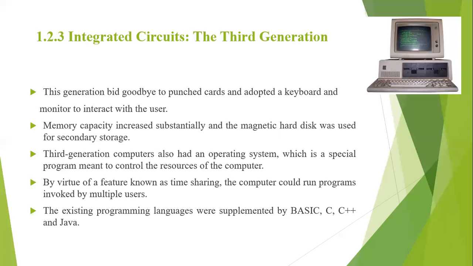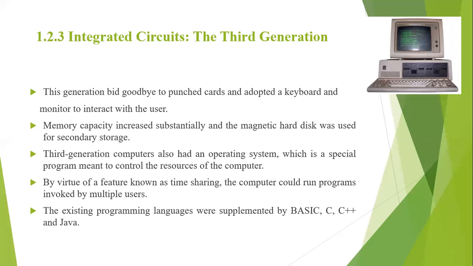Third generation computers had an opportunity to use operating systems. It's a special program. You can think of it as a manager of resources, like our governments, which manage the resources.